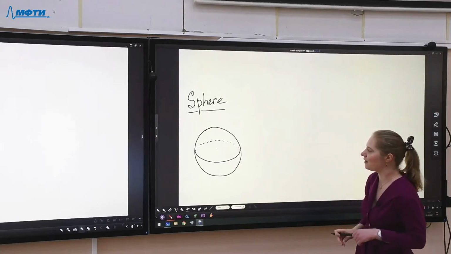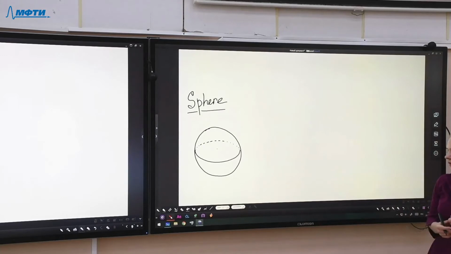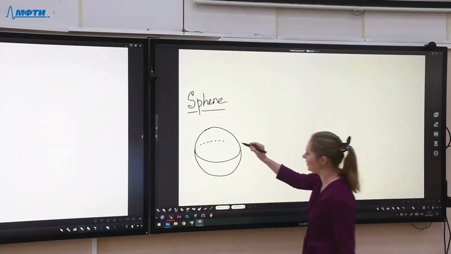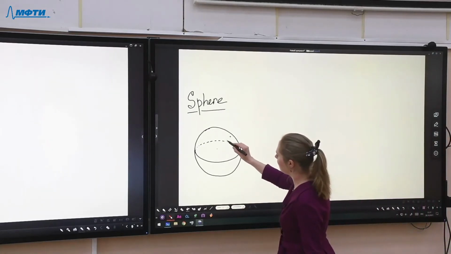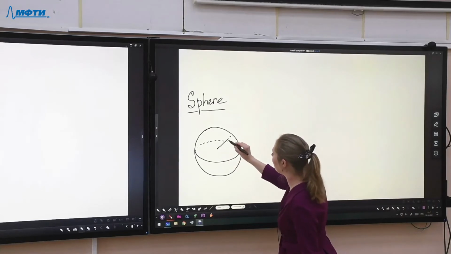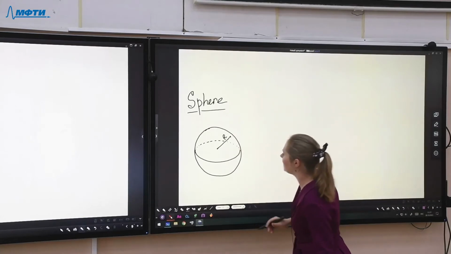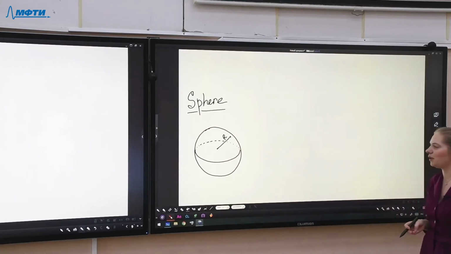It can be a surface, and it can be a surface with the inner part of this ball. A sphere is a solid body such that if we take any point on its surface, here, and we find a distance to the center of this sphere, let it be uppercase R, this distance will always be the same.